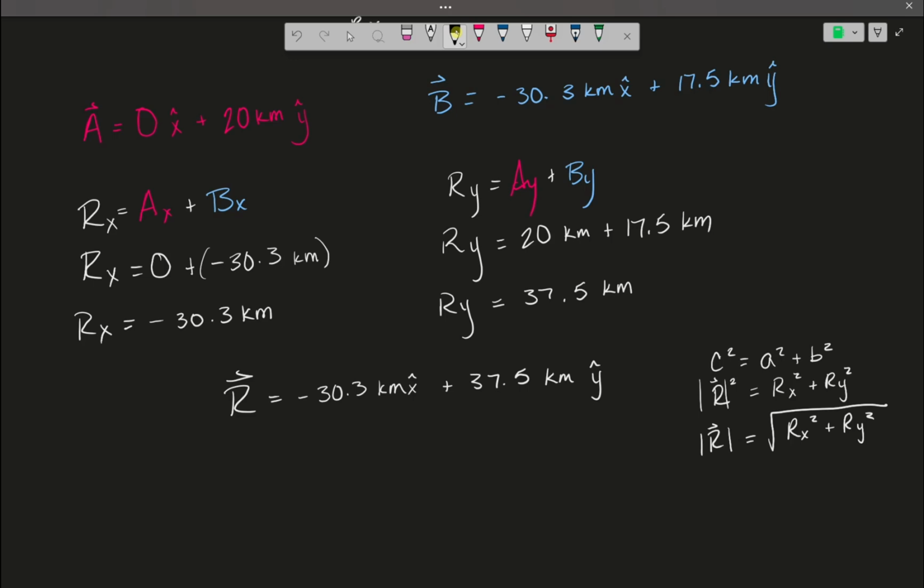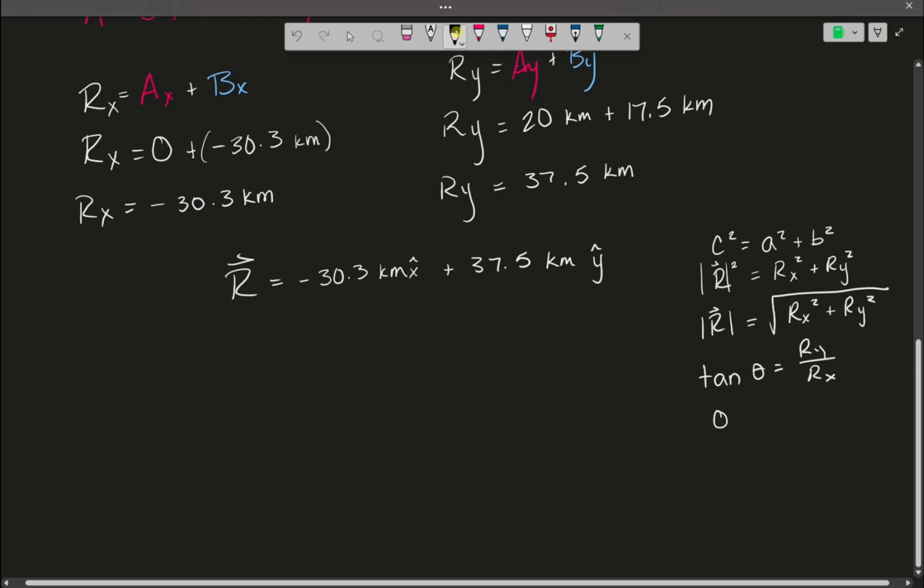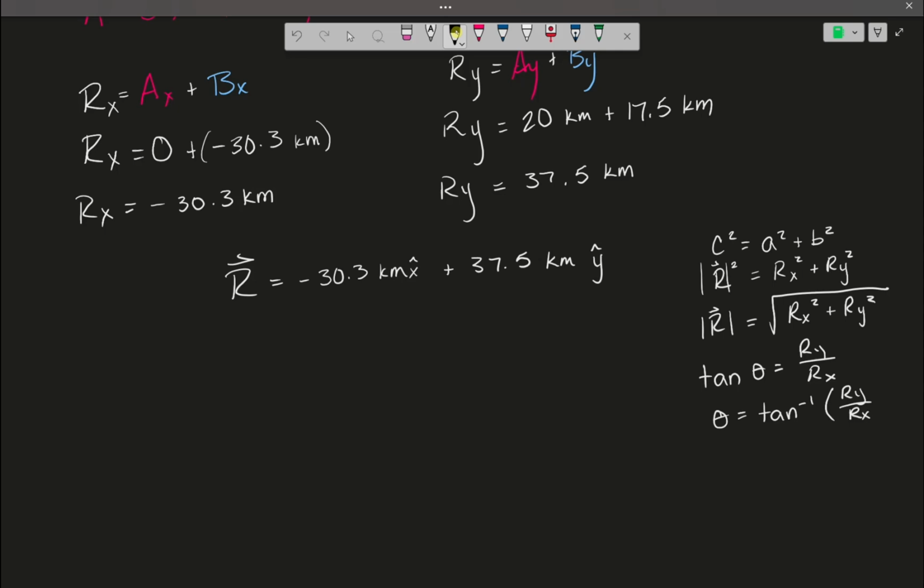And then I also need to figure out what the angle is. Since I have the x component and the y component, I can use tangent of theta is equal to y over x, and I would want to take the inverse tangent of this to get the angle. So the magnitude of this vector is going to be the square root of negative 30.3 squared plus 37.5 squared.